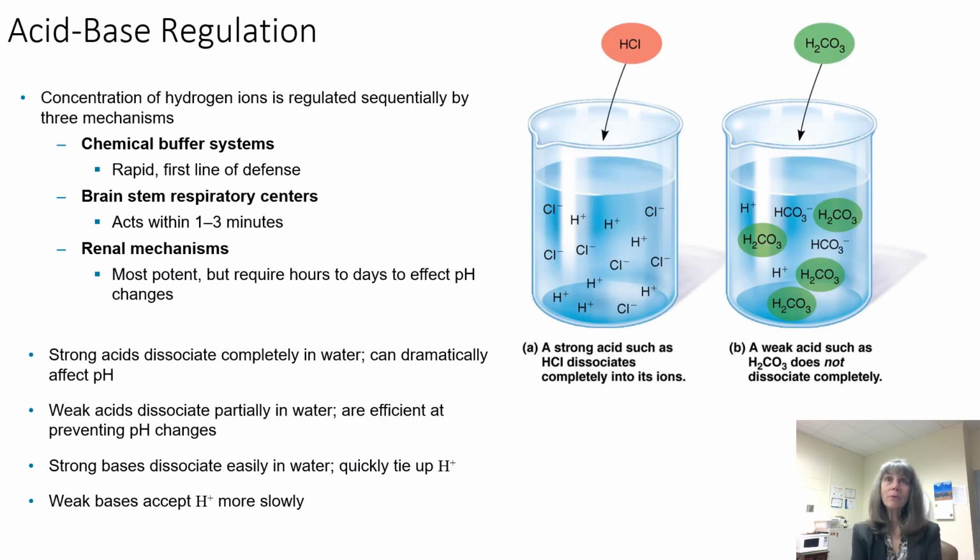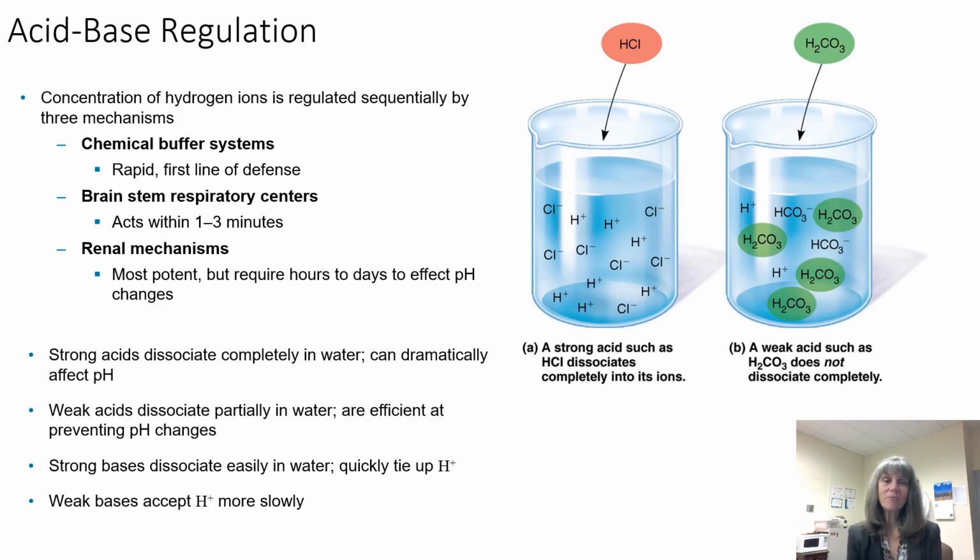Our body is able to regulate acid-base balance and regulate the concentration of hydrogen ions by using 3 different mechanisms in a specific sequence. First, we have chemical buffer systems. Those are chemicals which can either soak up excess hydrogen ions or release bicarbonate ions to balance pH within our body.